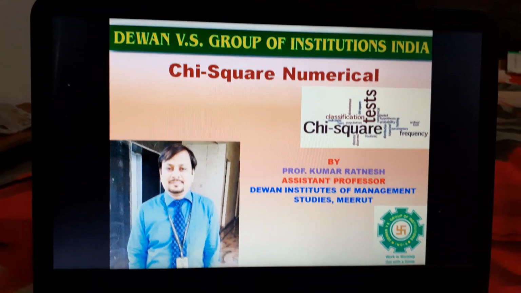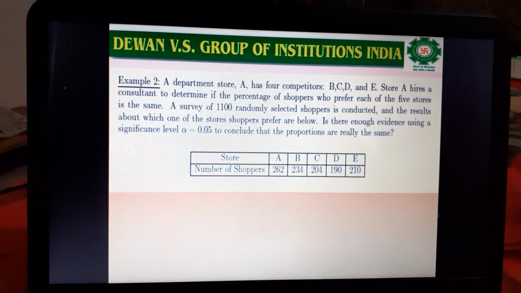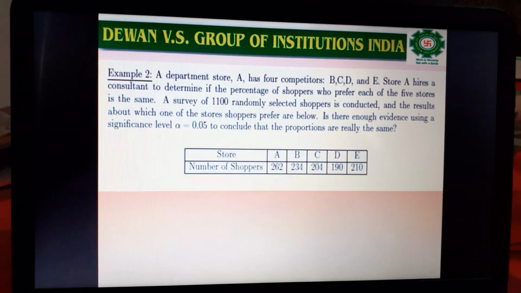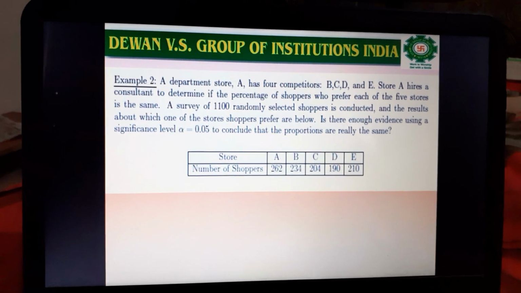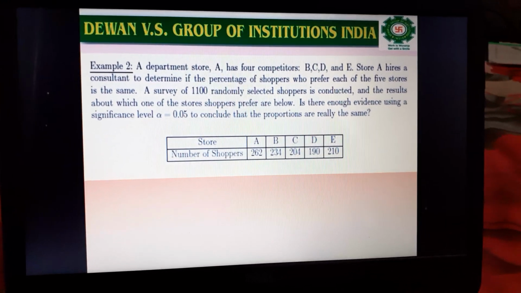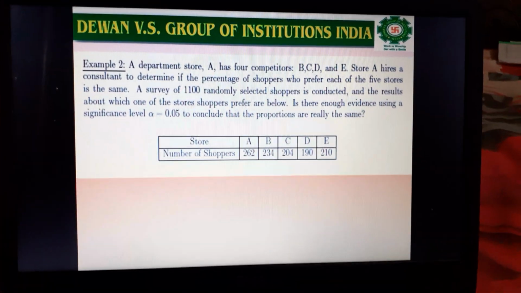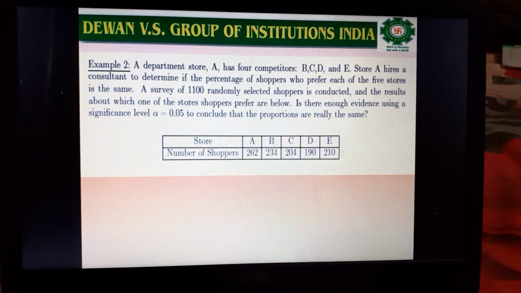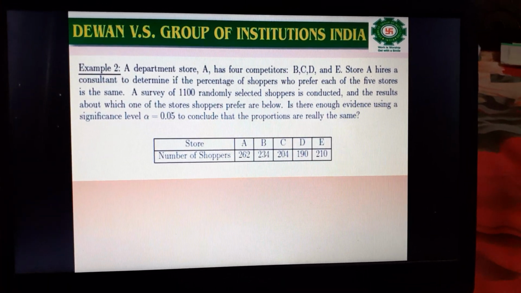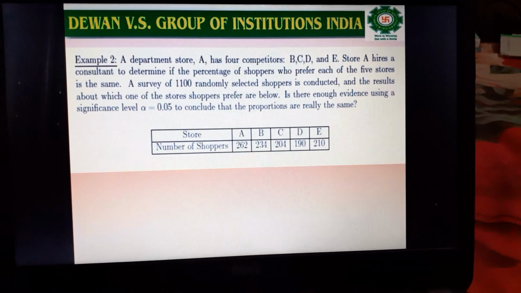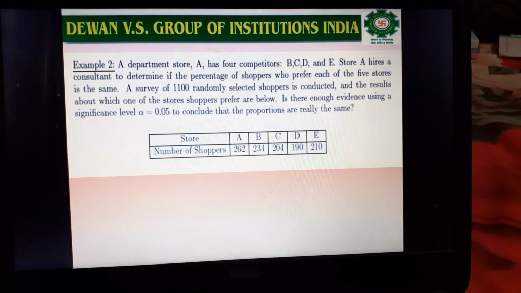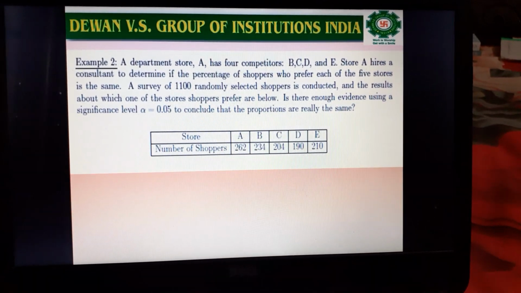So, coming to the numerical part, the basic statement is that there are 5 departmental stores. The departmental store A has 4 competitors B, C, D, and E. Store A hired a consultant to determine if the percentage of shoppers who prefer each of the 5 stores is the same.